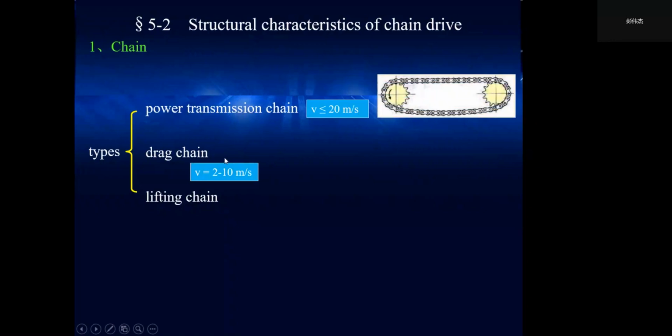Drag chain and lifting chain are used in conveying machines and materials handling machines. For drag chain, its velocity is within the range from 2 to 10 meters per second.